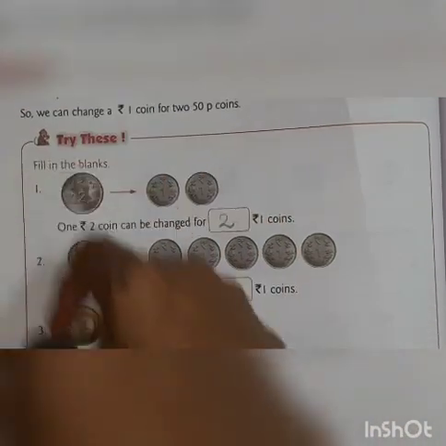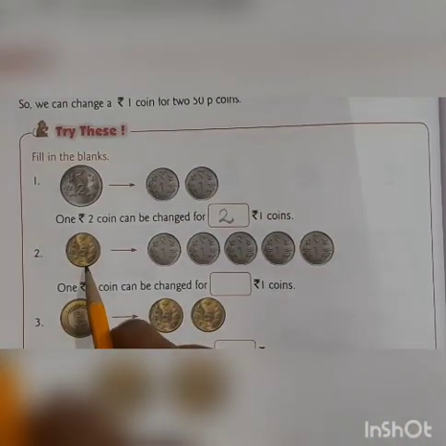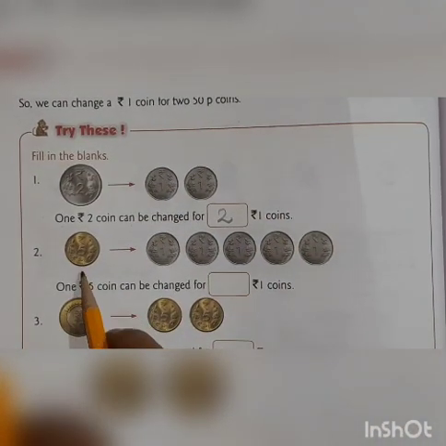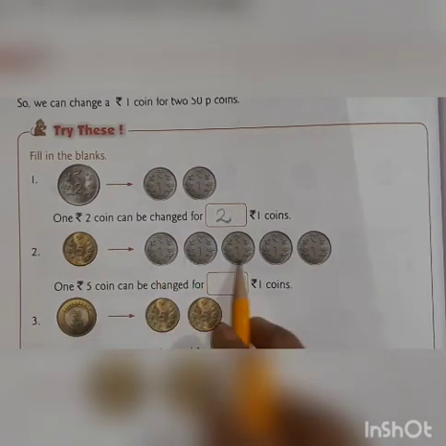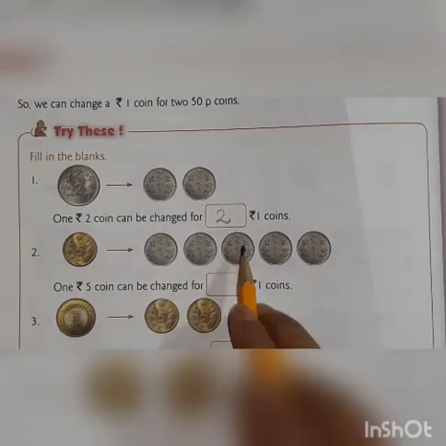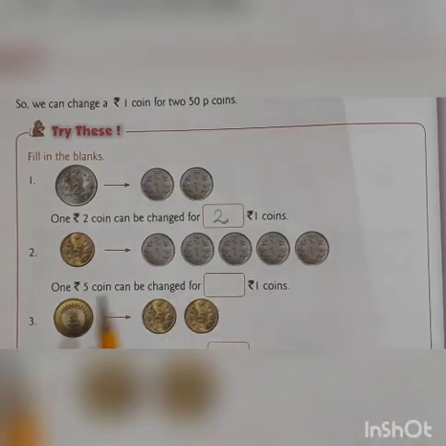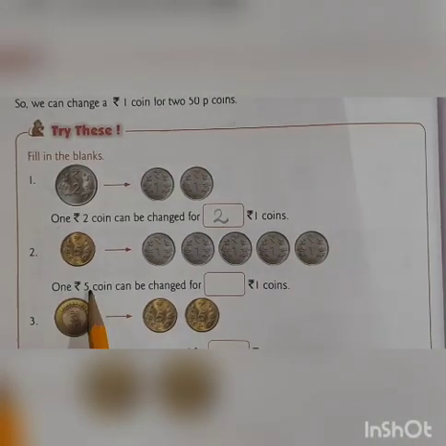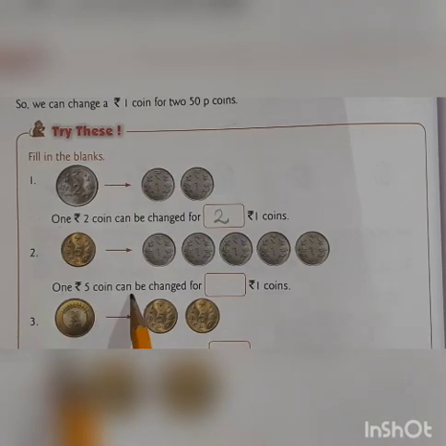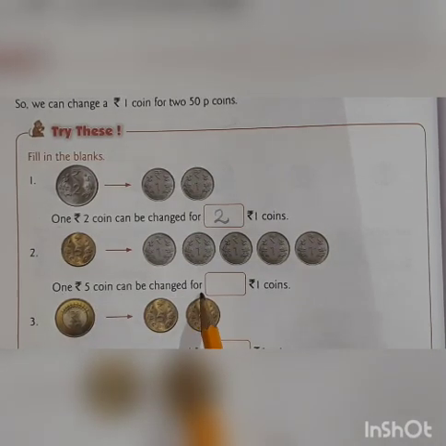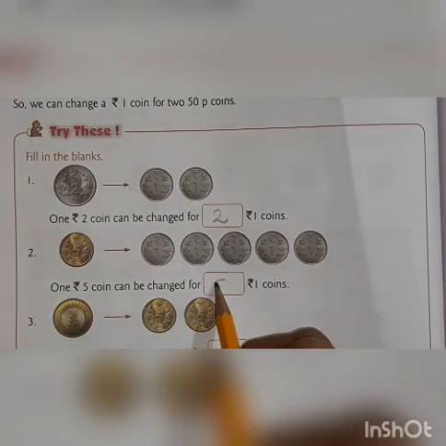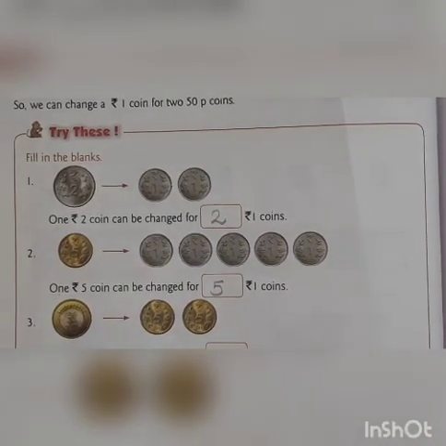The same way a 5 rupees coin. How many 1 rupee coins do you need? 1, 2, 3, 4 and 5. So a 5 rupees coin can be changed for 5 coins of 1 rupee.